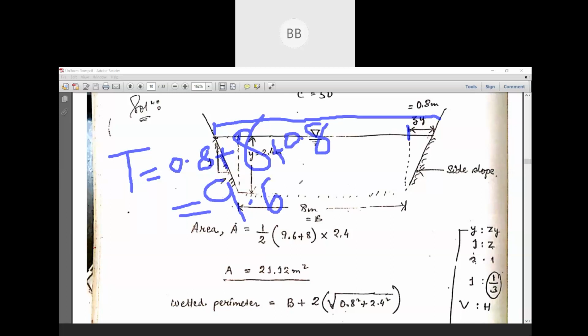So here we are going to find out the area now, the sum of the parallel sides. One side is 9.6, that is top width, and one side is 8 meter, multiplied by your vertical distance, that is 2.4, and the area we are going to get is 21.12 meter square.